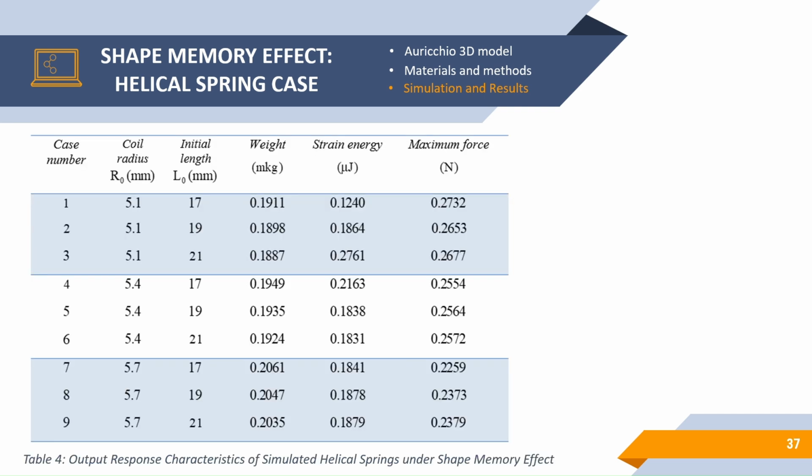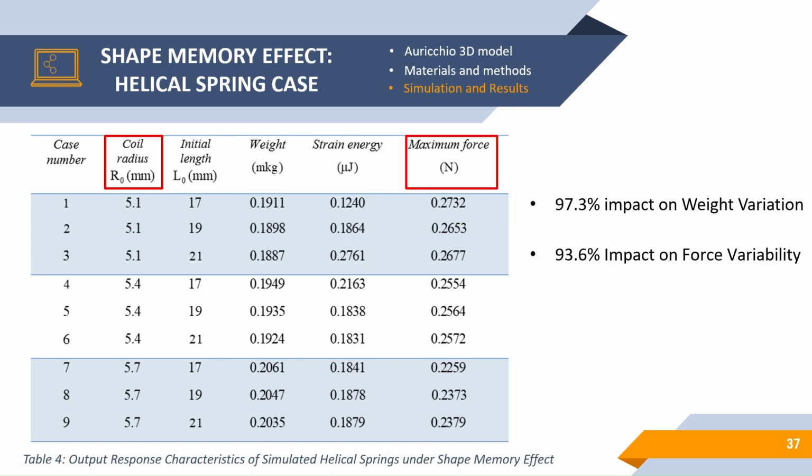Now, to further analyze the impact of these two geometric parameters on the spring's behavior, additional parameters like weight, strain, and maximum force were calculated and presented in this table. It is clear that the coil radius of the helical spring has a significant impact, estimated at 97.3% for the weight and 93.6% for the maximum force.